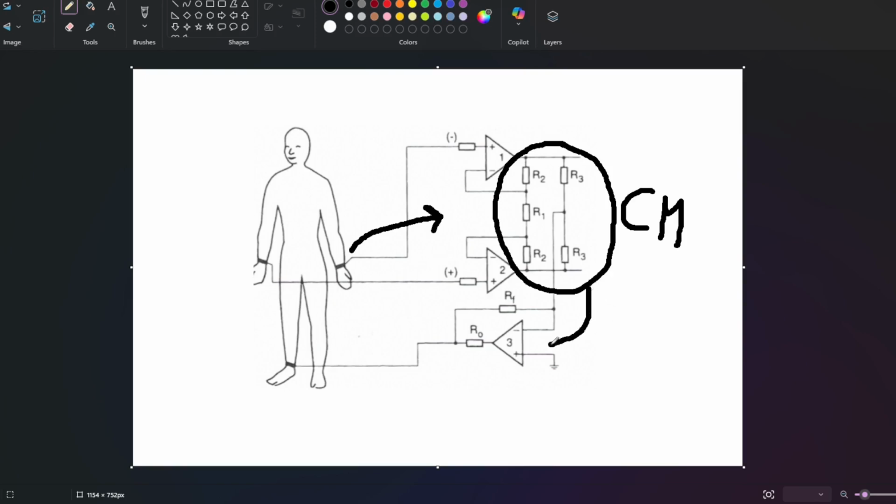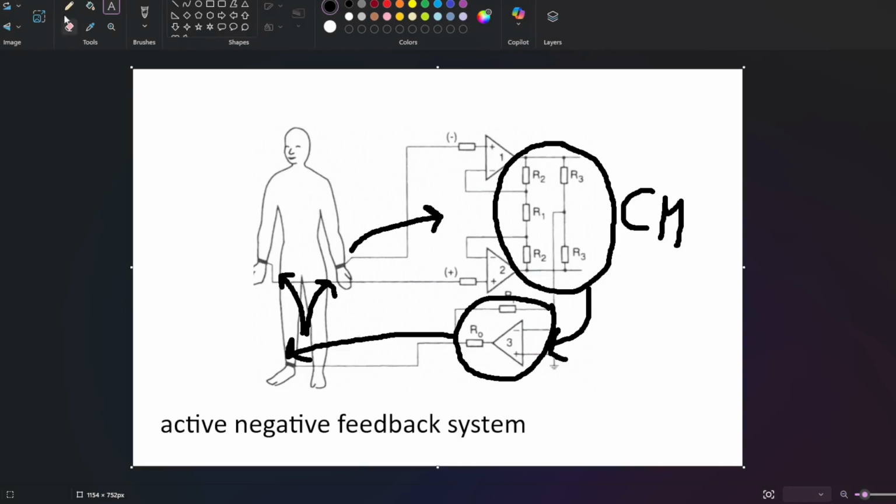Instead of just rejecting the interference after it enters the system, the circuit actively measures the common mode noise and feeds back an inverted version of it to the body, reducing the interference before it reaches the amplifier. In other words, the RLD is an active negative feedback system used to balance the patient's common mode voltage.